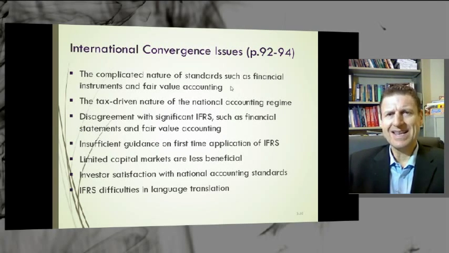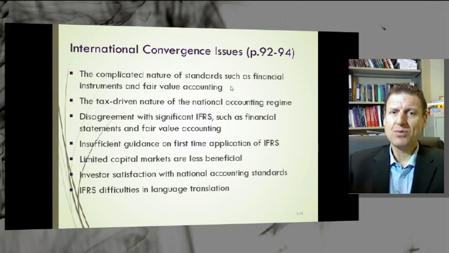International convergence issues: the complicated nature of standards such as financial instruments and fair value accounting, the tax-driven nature of national accounting regimes, disagreement with significant IFRS such as financial instruments and fair value accounting. There is insufficient guidance on first-time application of IFRS.